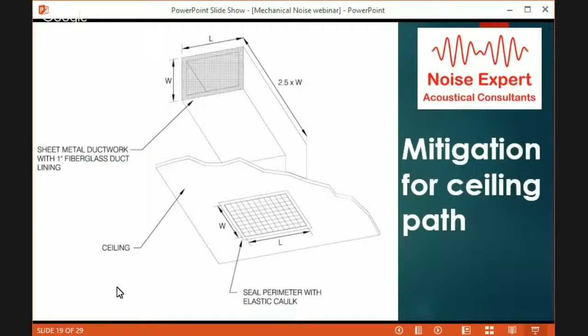So in design, there are some conflicting issues with ceiling selection. In an open office space or most office spaces, we want this to be as absorptive as possible. But when we're dealing with mechanical noise, we want it to have the highest CAC, or highest transmission class. We do not want noise passing through it.